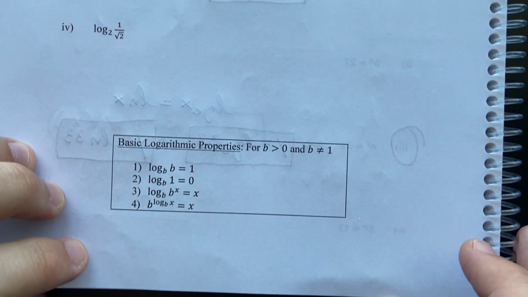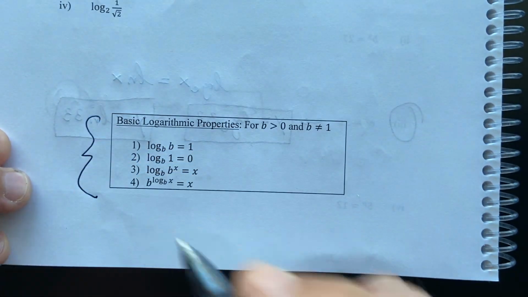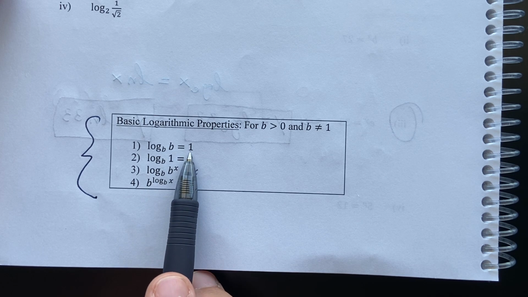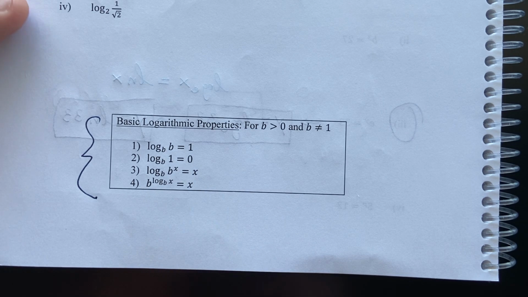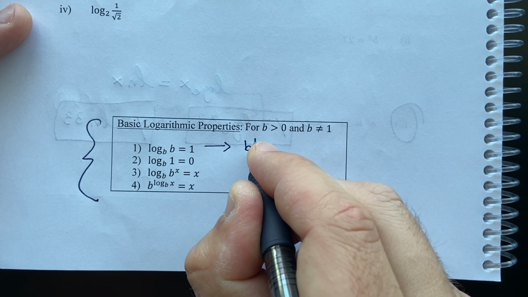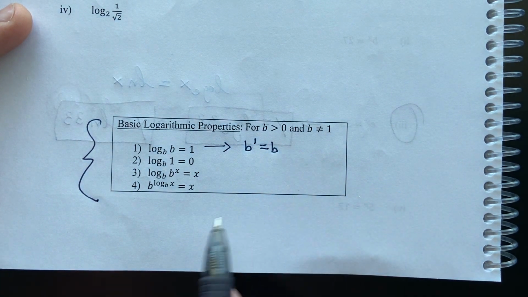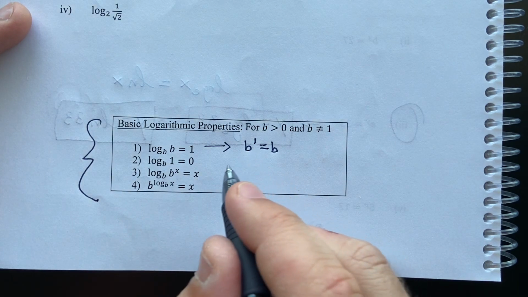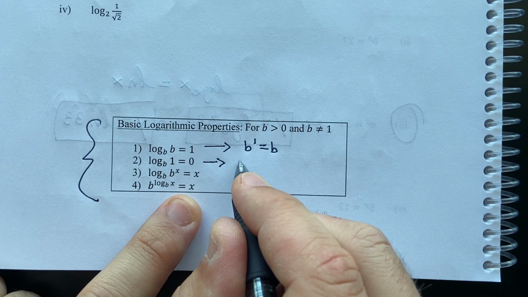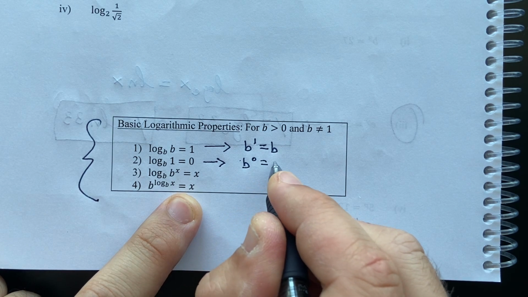Here are some important properties down here. Anytime you have log base b of b, that'll equal 1. If you think of that in exponential form, it should make some sense: b to the first equals b. If you think of this one in exponential form, it should also make some sense: b to the 0 equals 1.